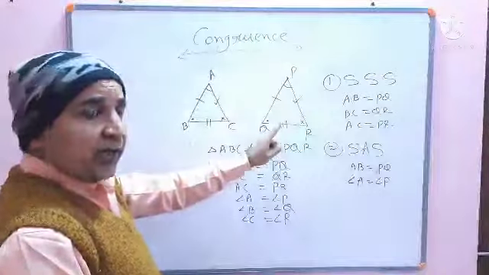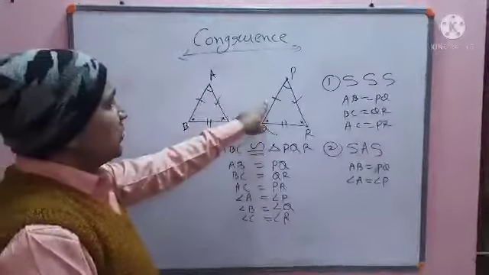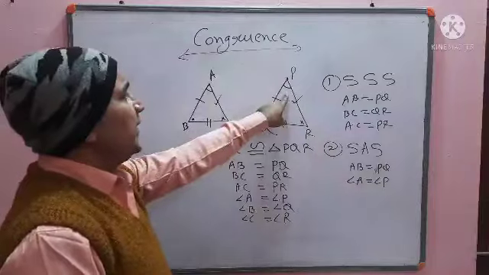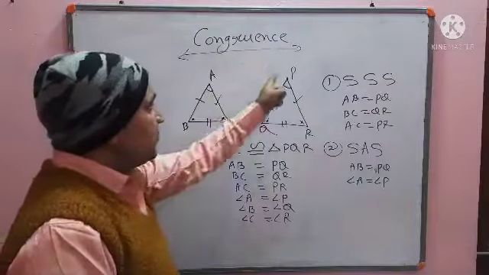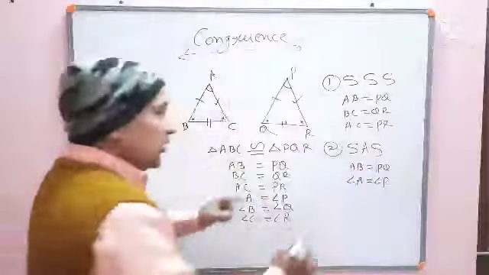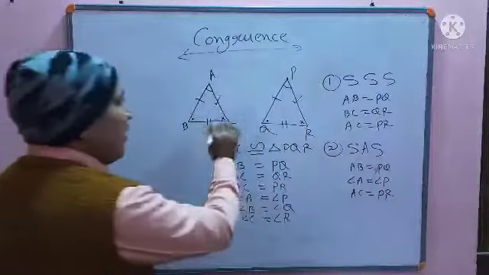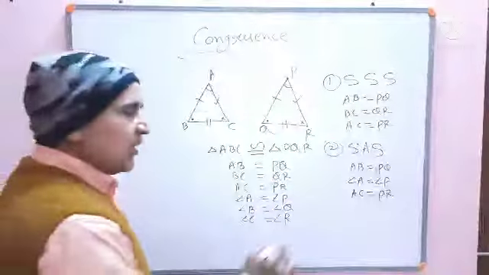This is the important point. Side AB is equal to side PQ. If angle A is equal to angle P, then definitely AC must be equal to PR. Then only we will say that these 2 triangles are congruent.